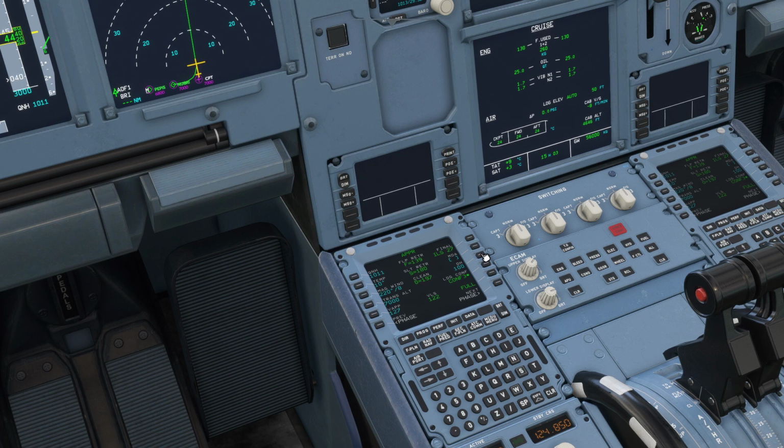And we set our minimums, 100 foot. So, what do we do and how do we do it?